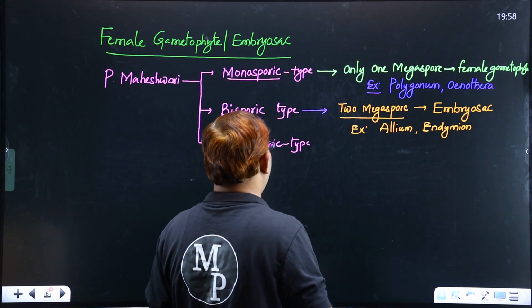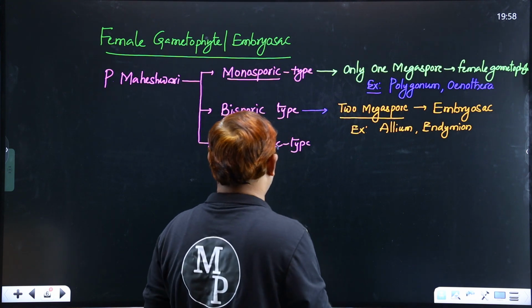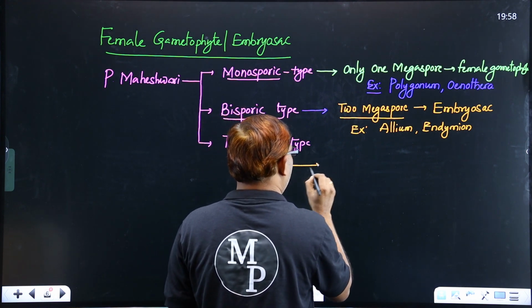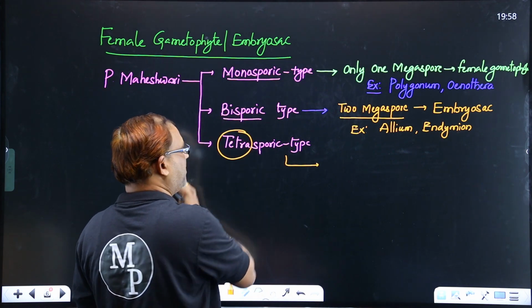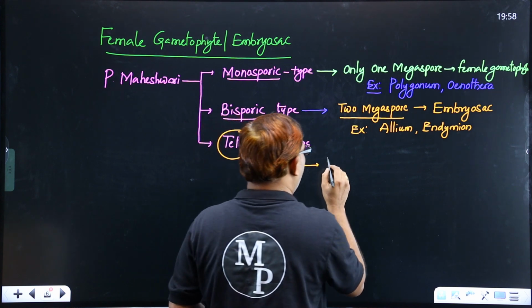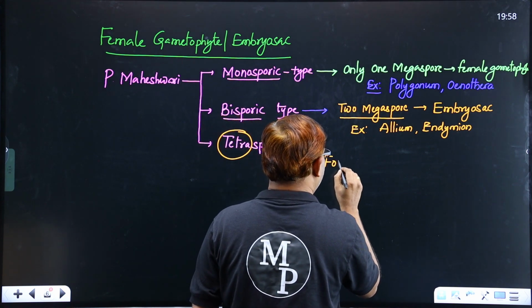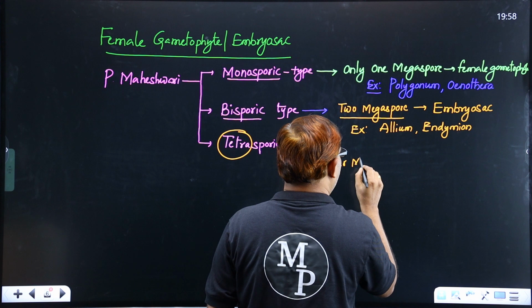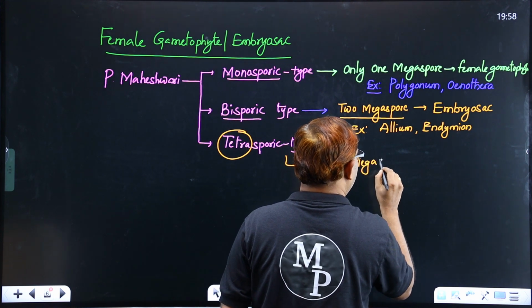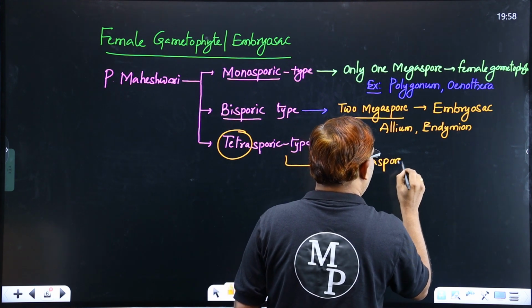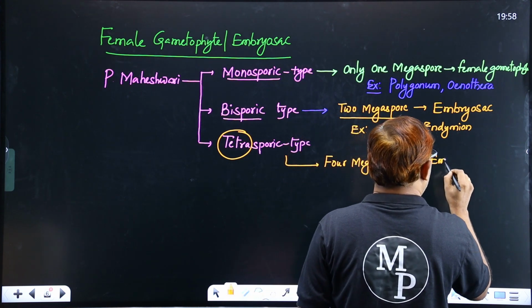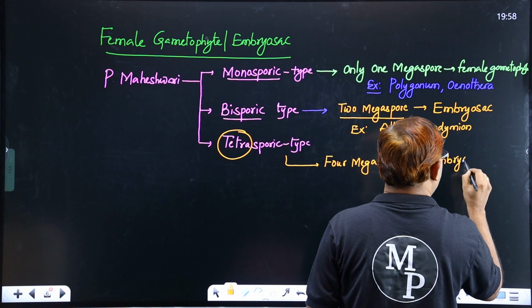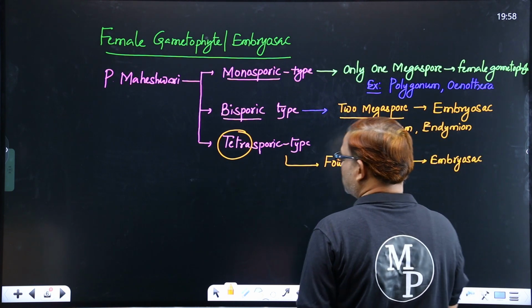Now the last one. Tetrasporic type means tetra, which means 4. So 4 megaspores are involved in the formation of the embryo sac. This type of embryo sac is known as the tetrasporic type.